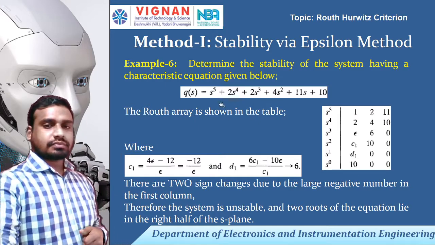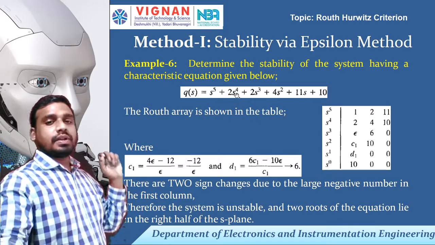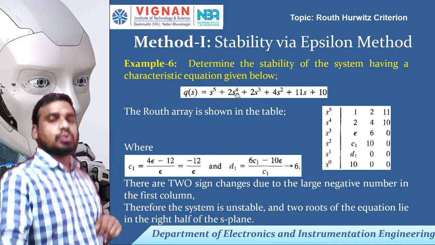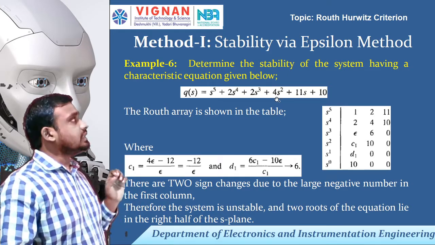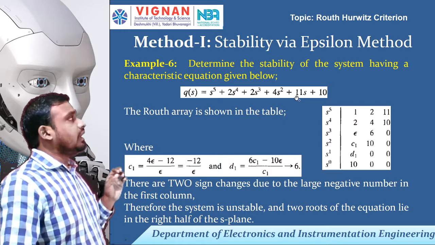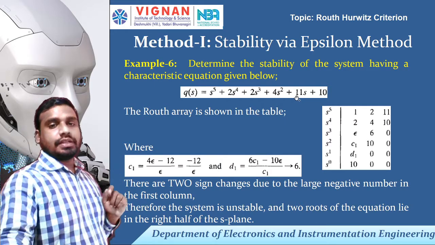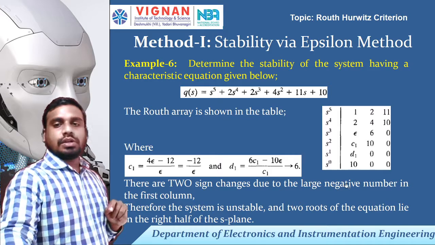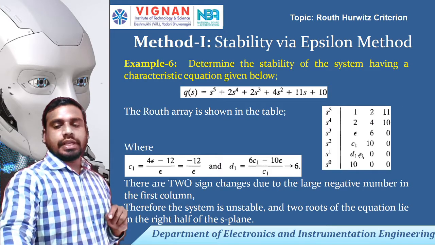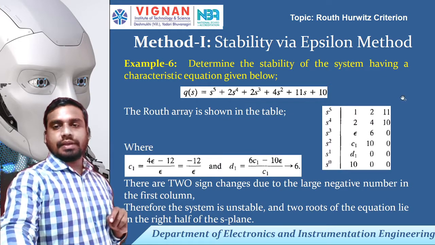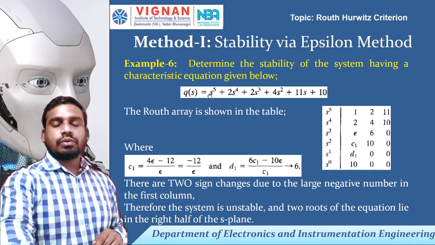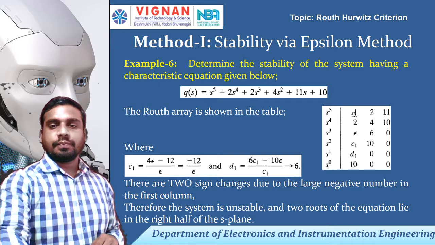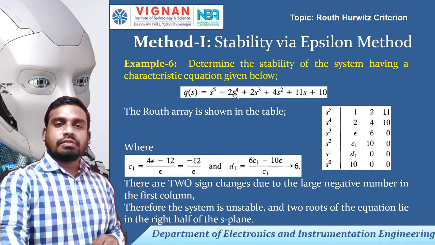Consider some transfer function s power 5 plus 2 s power 4 plus 2 s cube plus 4 s square plus 11 s plus 10. So write down the Routh table from the first two rows. The coefficient of s power 5 is 1, the coefficient of s power 4 is 2.